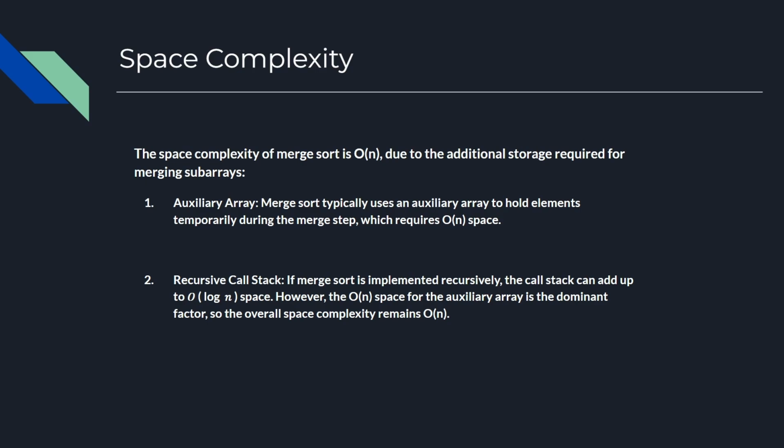However, the dominant factor here is the O of n used by the auxiliary array for merging. As a result, while the MergeSort algorithm is efficient in terms of time complexity, we do need to account for the extra space it requires during execution.